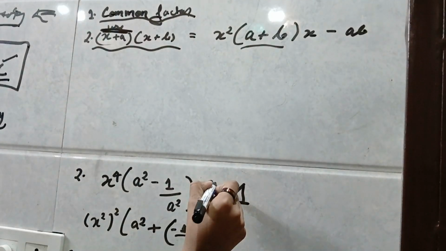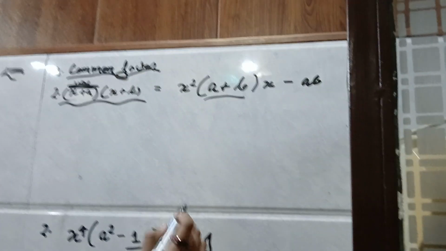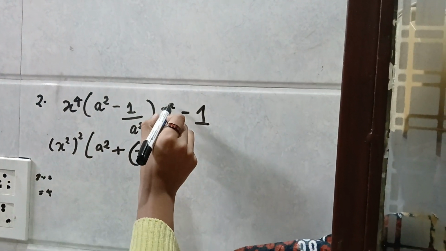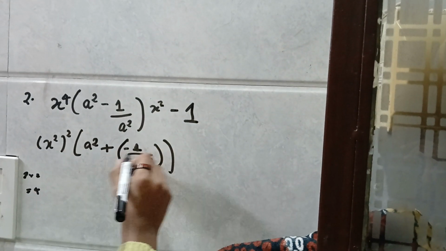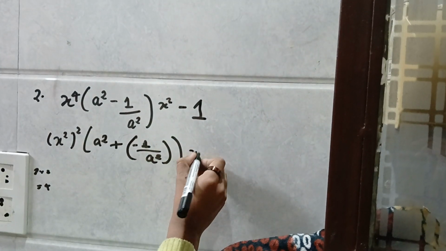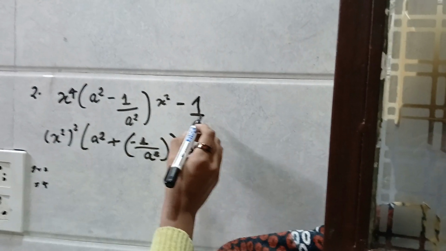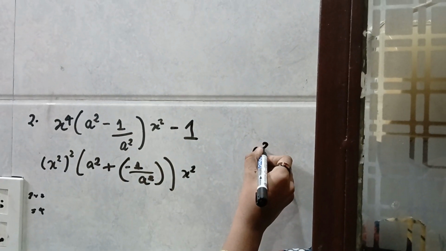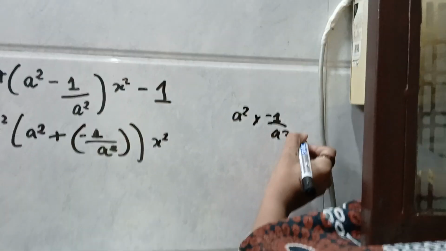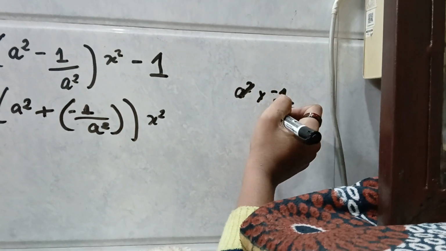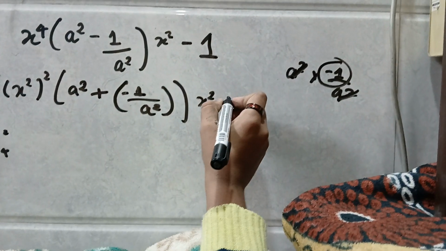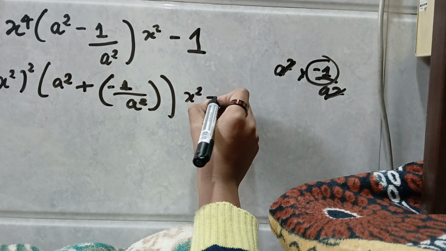Now in the question we have this x here, sorry, I made a mistake in this question, the power has to be 2 here, so we multiply it by x squared. Now minus 1 is there, does it fit ab? Yes it does, because a squared multiplied by minus 1 by a square, the denominators are same, so they can cancel, minus 1 is left. So this is fitting in, so we can write this as minus 1.